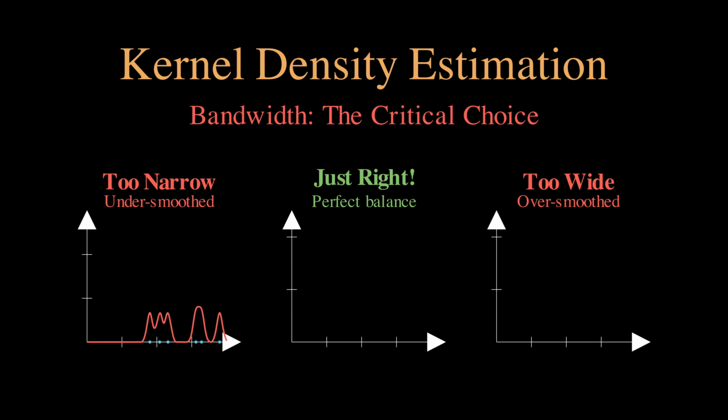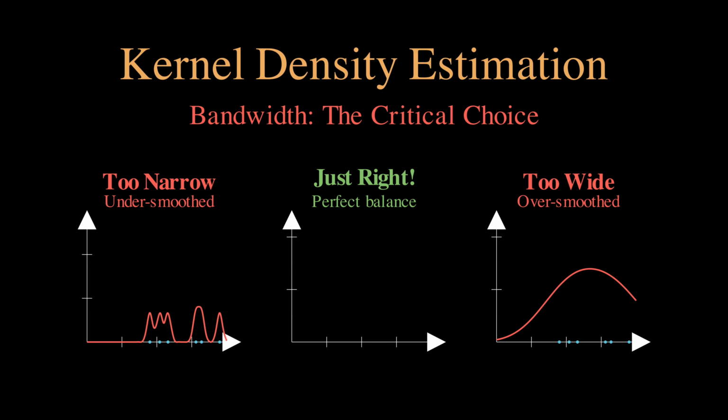If we choose a bandwidth that's too small, we get what statisticians call an undersmooth estimate, where every minor fluctuation in our sample data gets preserved, creating a jagged, noisy curve with excessive peaks that likely don't represent true population patterns. Conversely, if we choose a bandwidth that's too large, we get an oversmooth estimate that's so broad and flat, it completely misses important features in our data.